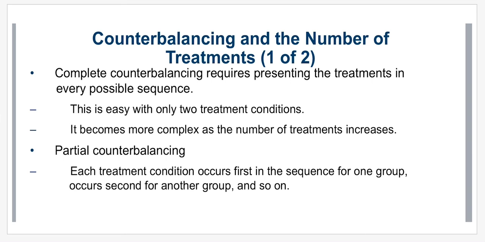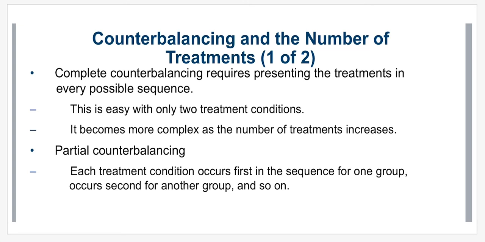So we also talked about complete counterbalancing. You want to have every possible sequence if possible so that you know for sure that you're balancing these order effects, because certain sequences may have unique effects. So for example, having treatment 1 and then treatment 2 may have an order effect, but going from treatment 2 to treatment 3 may have a completely different effect.